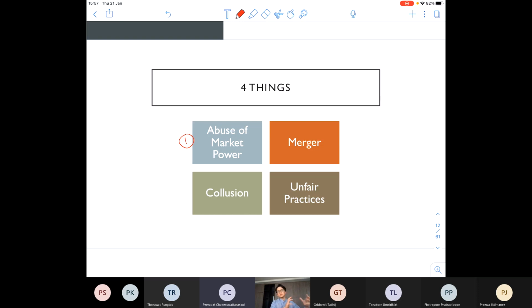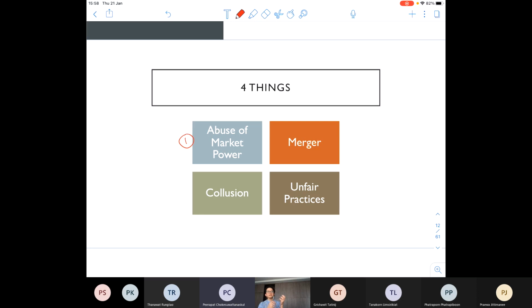So that is the structure. But if it is something in the middle, where you cannot say that there's only one player or just a few players, then you will move on to talk about conduct, right? The structure is so concentrated, so difficult to enter, that it might cause some problems because these players could exercise some bad conduct, right? And that is something you don't want to have in the market.